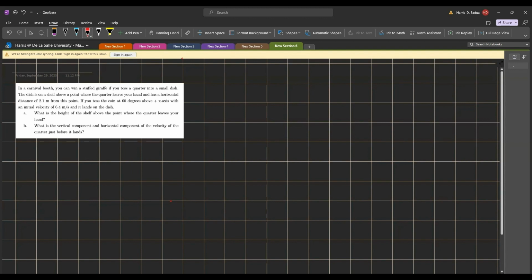So first, mas madali siyang masosolve if may visual representation tayo. So let's say ito yung x-axis natin. Then, binato ko siya at this way at an angle 60 degrees with an initial velocity of 6.4. Tapos, sabihin natin maglaland siya somewhere around here. Nandito naka-place yung dish natin.